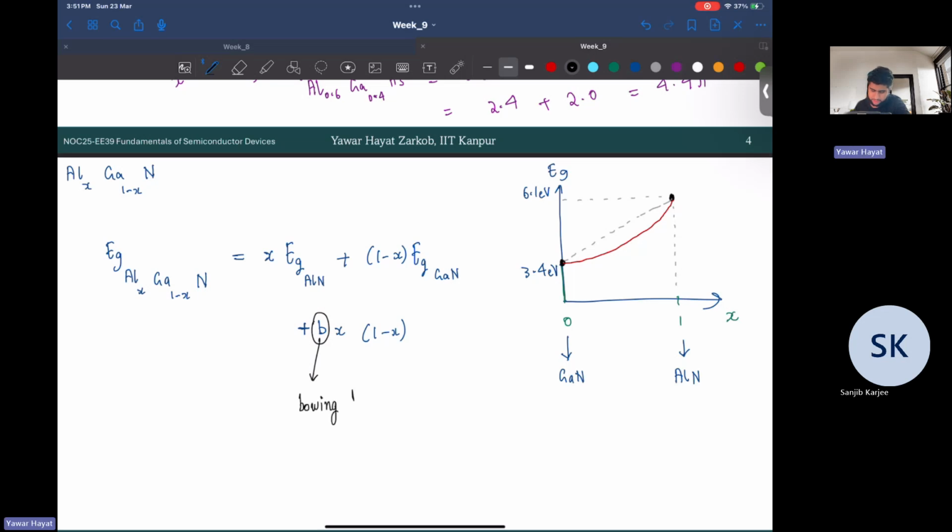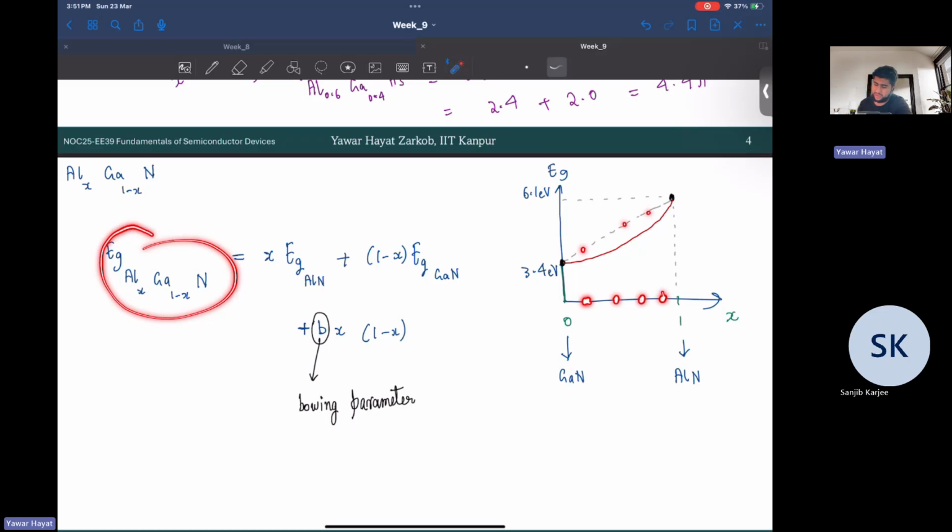And how is this bowing parameter determined? We determine it experimentally. We experimentally make this compound corresponding to x equal to 0.1, 0.3, 0.5, 0.7, and then determine the values of the band gaps, and then we fit a curve and determine the bowing parameter that will fit those experimental data.